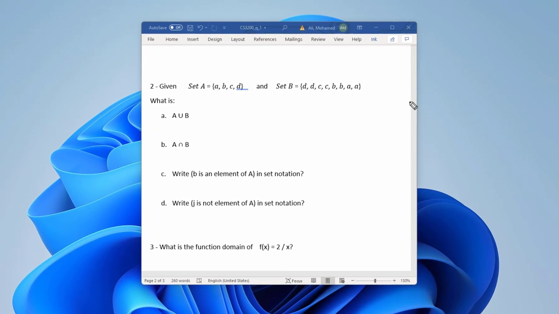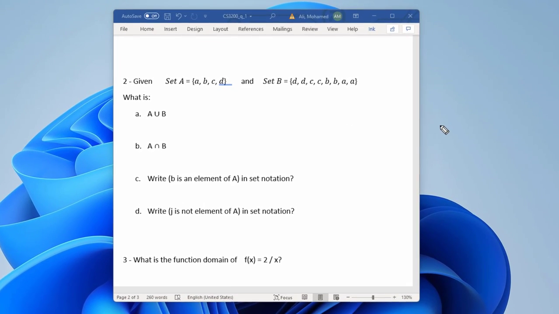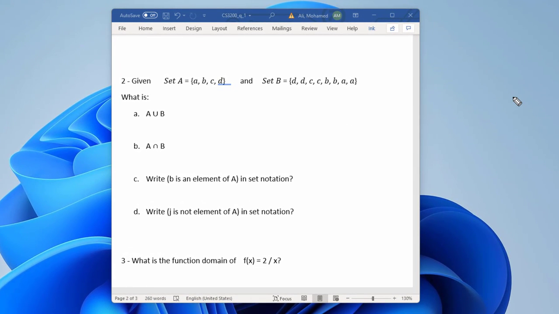The next set of questions, number 2, is testing your understanding of the concept of union versus intersection. You're given 2 sets, and you can see there are repeated elements. You know the basic principle that when we intersect or union the 2 sets, we don't use the repeated elements.